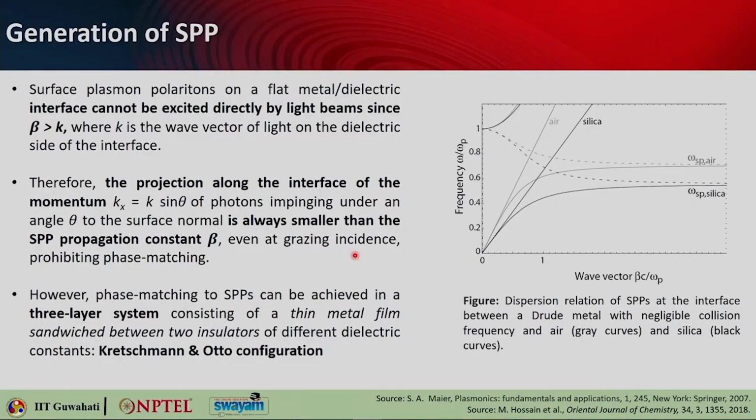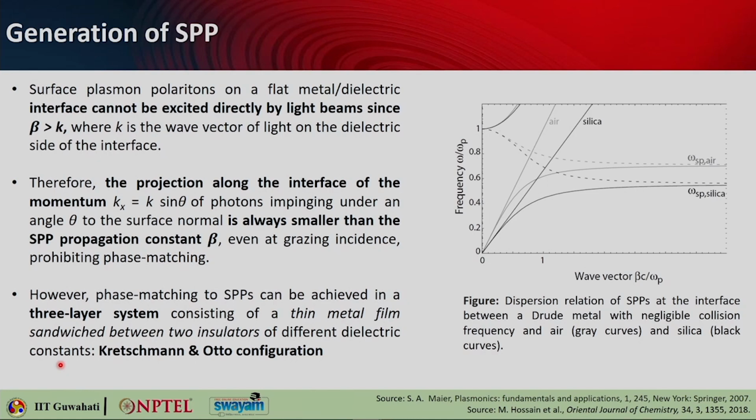It means phase matching has to be achieved somehow, and for that you have to use a 3-layer system. That means you insert a metal film sandwiched between two insulators of different dielectric constant. That is the only possible way to excite surface plasmons, as we will see here.